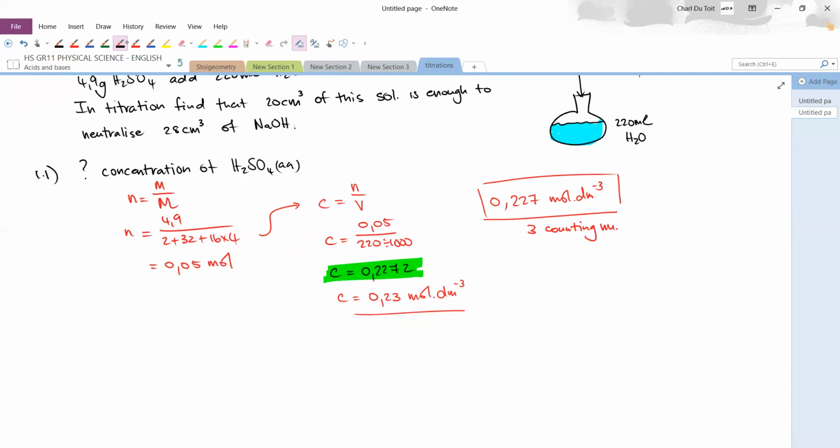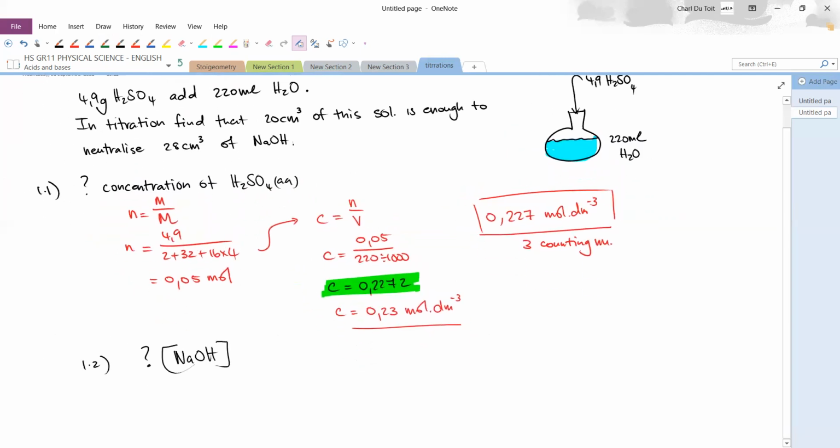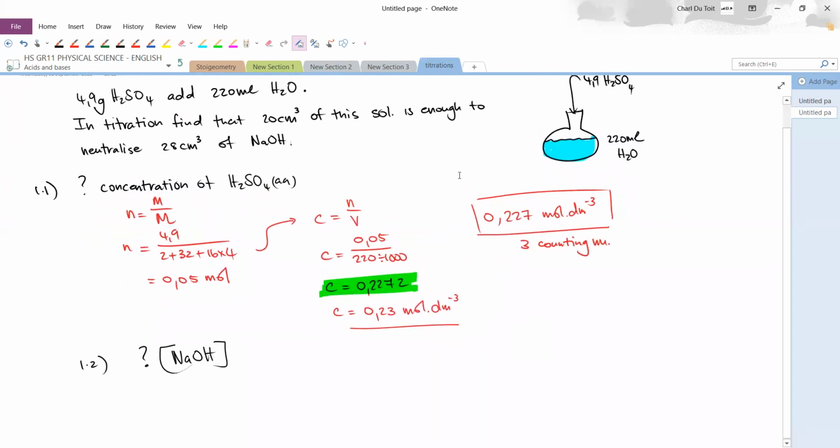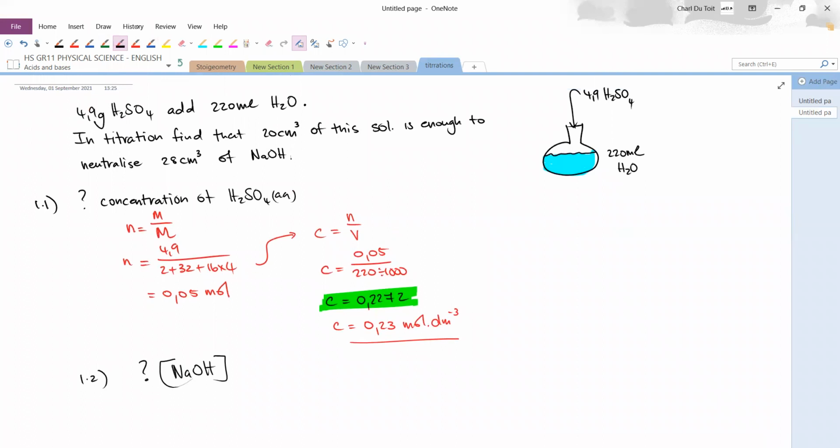Right, let's go to the second question. I want to know, what is the concentration of the sodium hydroxide? Now I must read, and I must continue drawing a picture, because we didn't use all of that acid.